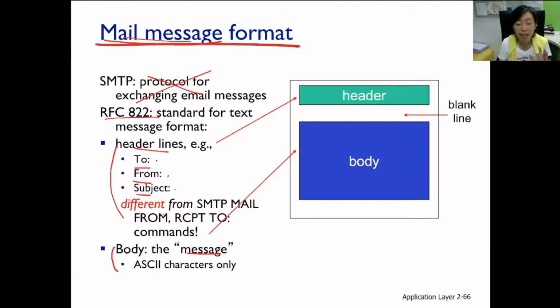Note again that I try to clarify: in SMTP, you see MAIL FROM, which sounds like following this command you also tell who the sender is, and RCPT TO, after the colon you give the recipient's email address. So it sounds a little bit like the To line and the From line in the header, but they are actually completely different things. These go in the data part, while these go earlier, setting up a connection ready for data exchange.